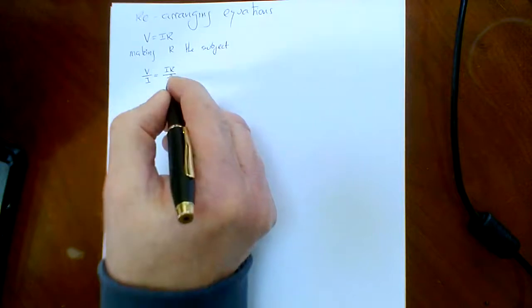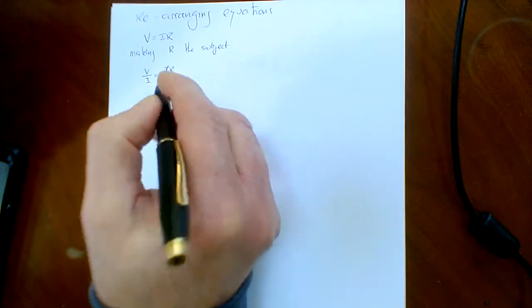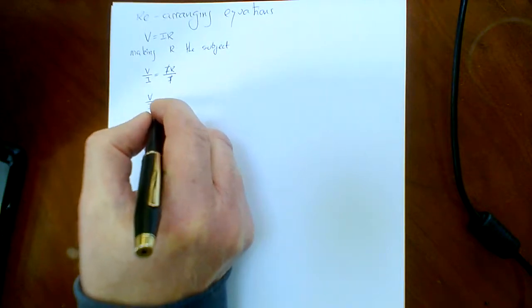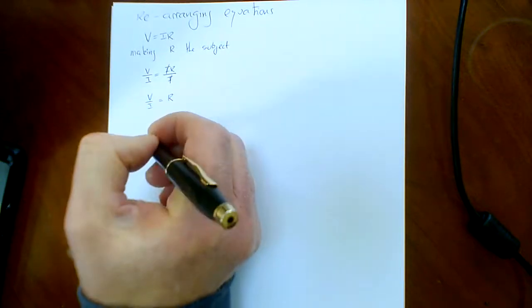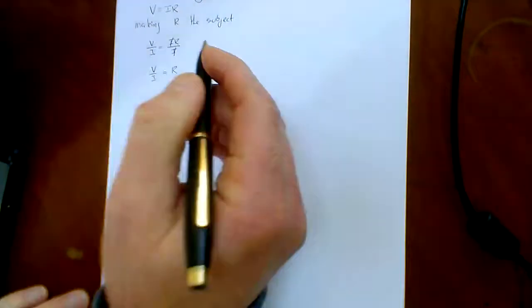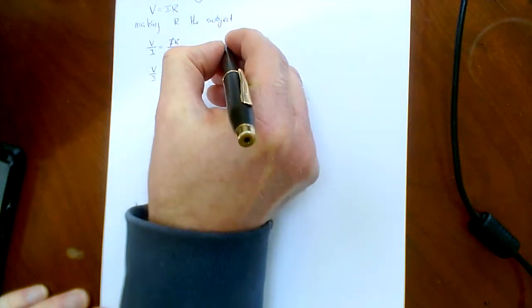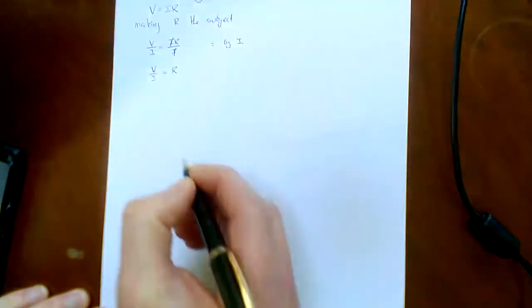So if I divide through by I get v divided by I equals r. So what I have done is to divide both sides by I.